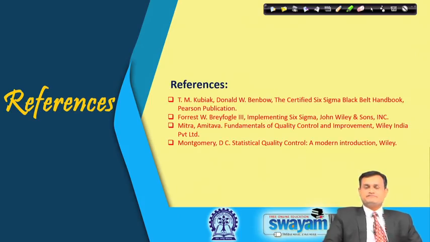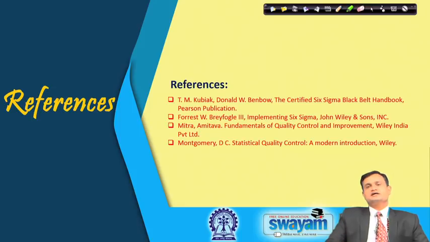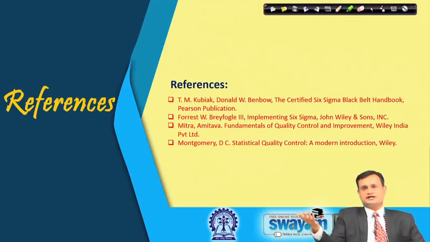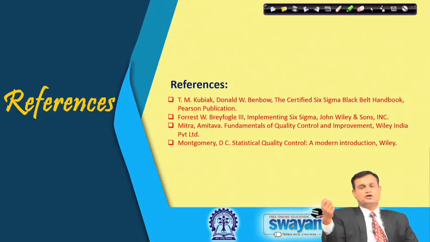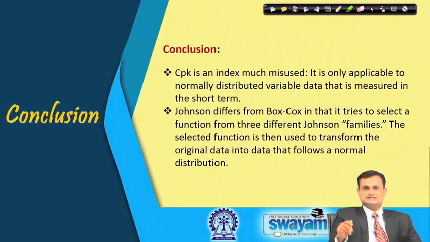You can use these references, which give the details of non-normal process capability, but I would insist that you use the same data or some other data and have a hands-on exercise in Minitab, so that you feel confident in conducting as well as interpreting the results of non-normal process capability analysis.